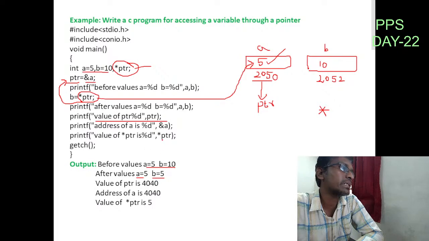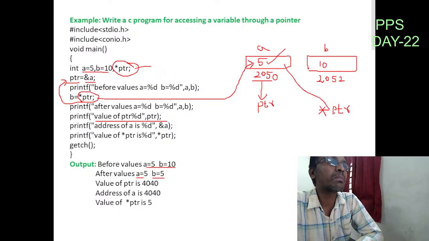And what is the *PTR value? *PTR is pointing to the address of a, so at address location 2050 the value of a is 5. That will be stored in *PTR. Please remember that *PTR is simply the value stored at the address held in PTR, and that value will be displayed.